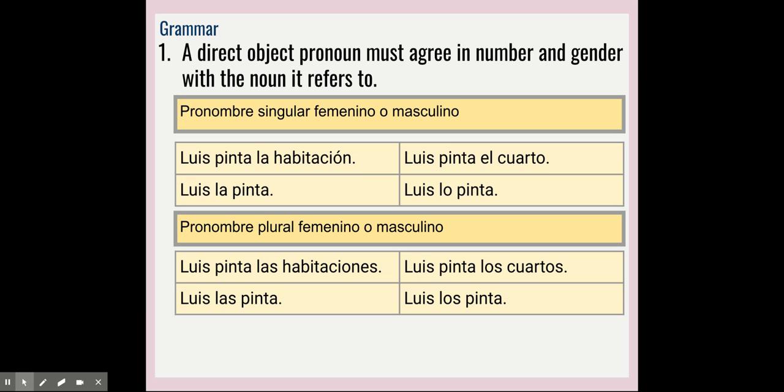Pronombre singular femenino o masculino. Luis pinta la habitación. Luis la pinta. Luis pinta el cuarto. Luis lo pinta. Pronombre plural femenino o masculino. Luis pinta las habitaciones. Luis las pinta. Luis pinta los cuartos. Luis los pinta.